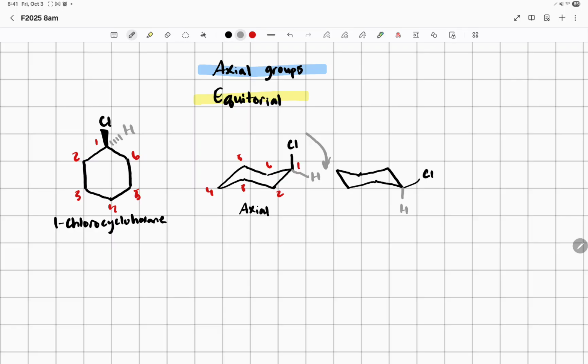And then what carbon would that chlorine be as an equatorial group? So it's still the first carbon. If I numbered that, it's still 1, 2, 3, 4, 5, 6, because I'm not changing any bonds.